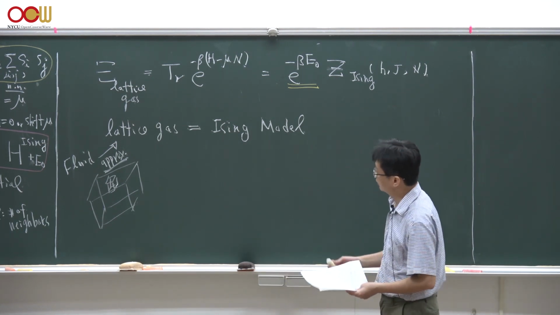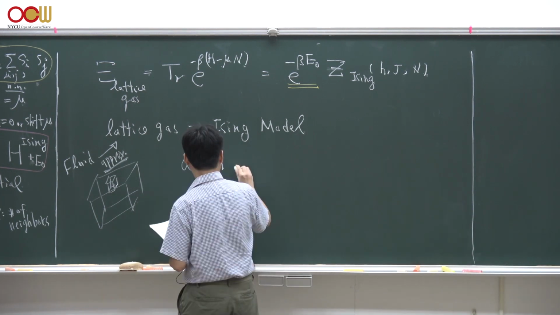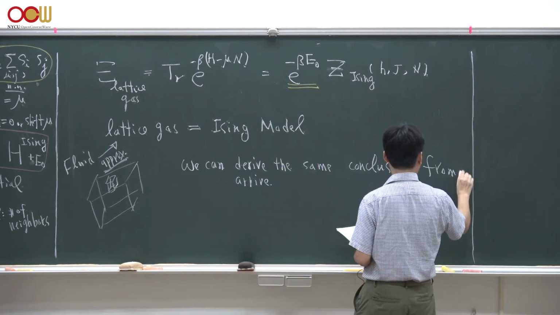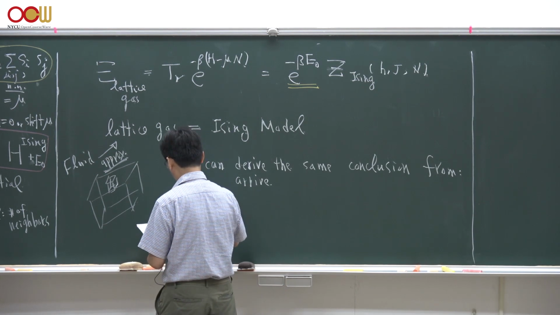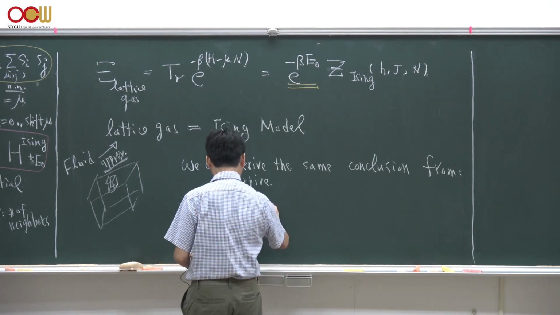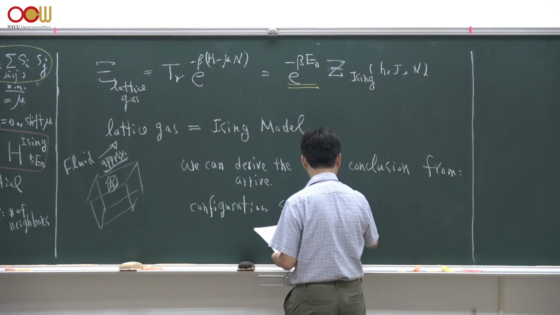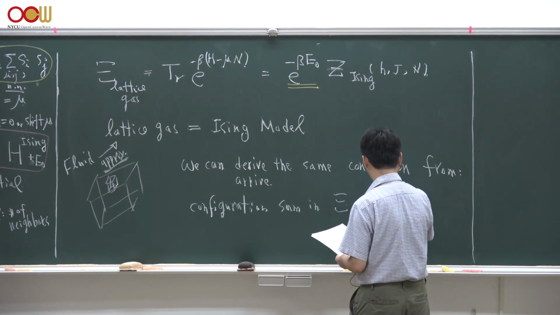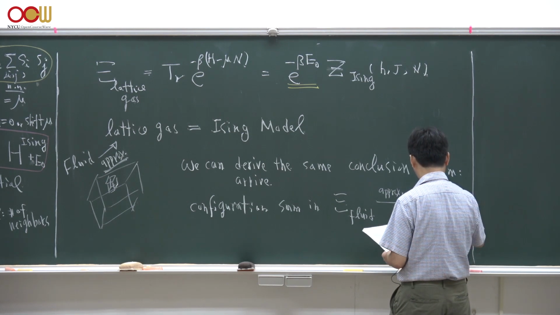Okay, so now let's look at the problem from a different perspective, meaning we could arrive at the same conclusion from a different perspective. So we could directly sum over the configurations. We can perform a direct configuration sum in the partition function of a fluid. And then we make some approximations, and we could arrive at the lattice gas. Okay?